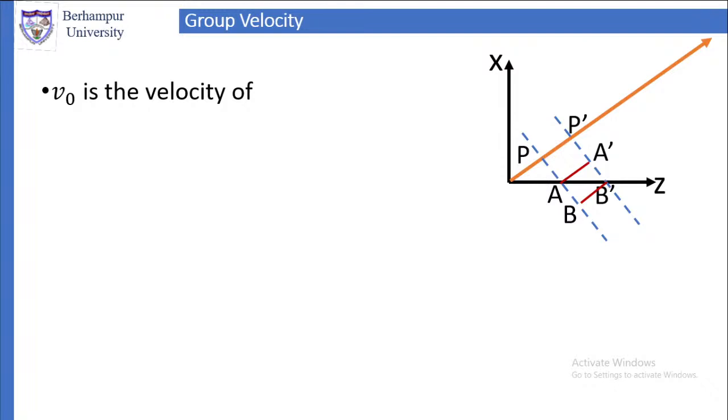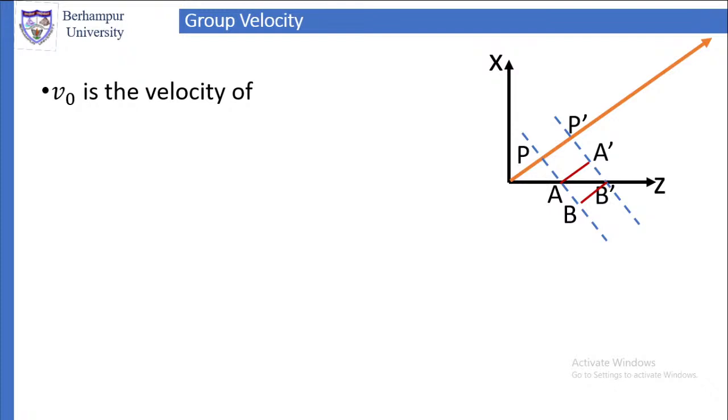If we are considering a plane wave, then all points on the plane that contains the electric field and magnetic field, E and B, on that plane every point is moving with a velocity V0.